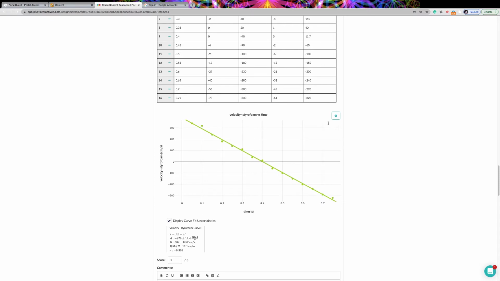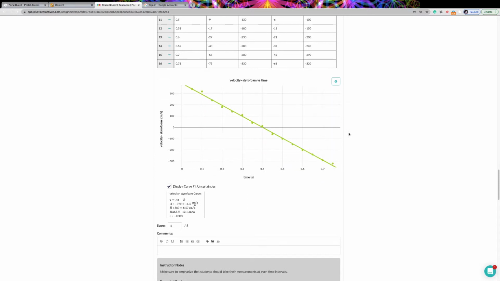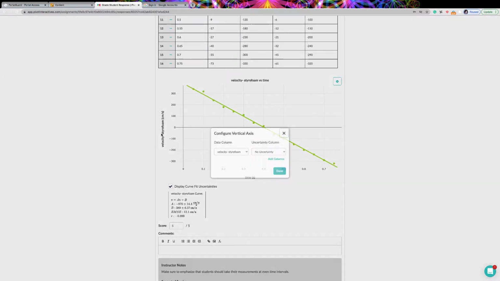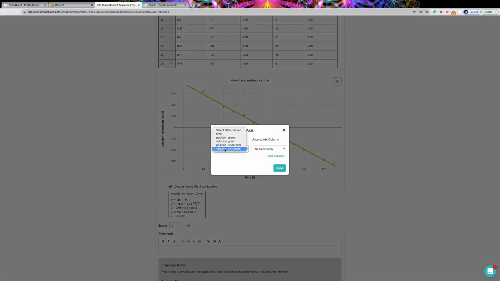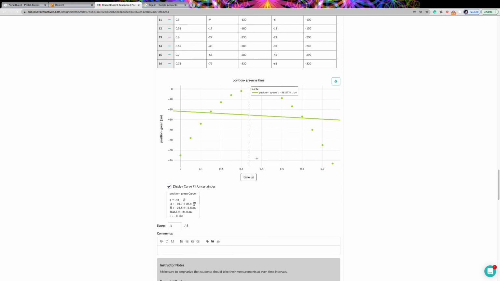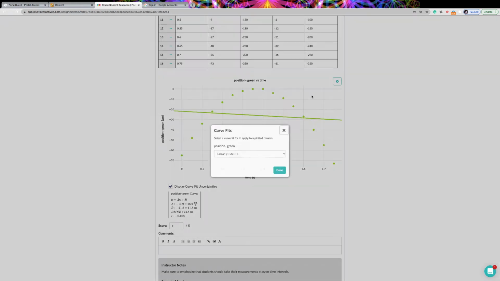To know whether something is accelerating, make a graph of either position versus time or velocity versus time. When something is accelerating at a constant rate, the velocity-time graph should be a line, and it is. If I make a graph of the position of the green ball versus time, it's obviously a quadratic, and I would want to insert a quadratic fit here.